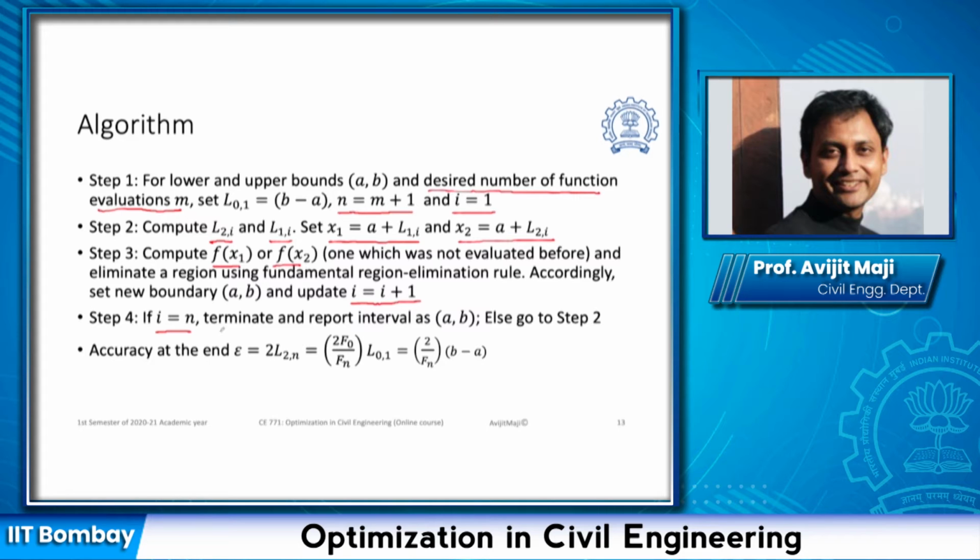If it has been reached, we can terminate the process and report the interval as A and B. If not, we go back to step 2 and repeat the process, and as we repeat, we keep checking whether we have reached the number of iterations or the number of function values we want to evaluate.